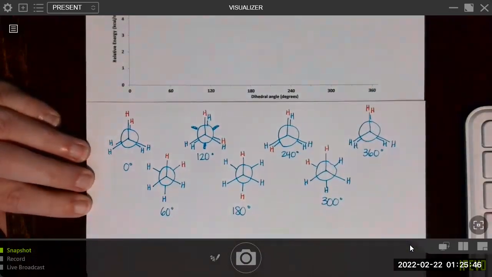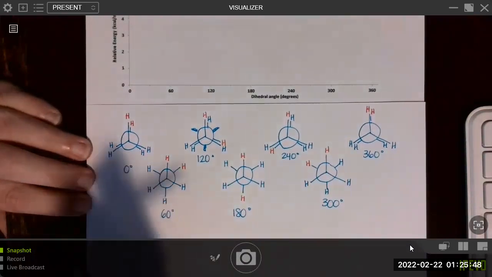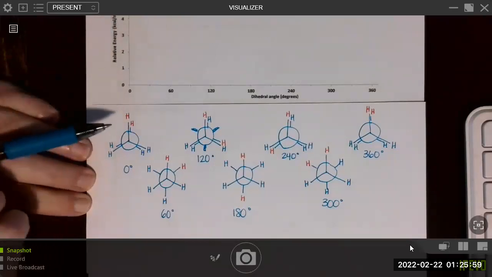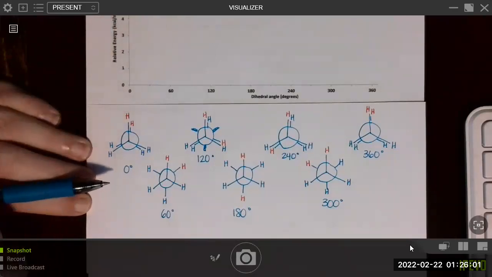Okay, and so what we can do here is just put this onto a relative energy scale, right? So we're going from, again, the difference in energy between the eclipsed and the staggered conformations, which is 12 kilojoules per mole, slightly less than 3 kilocalories per mole.